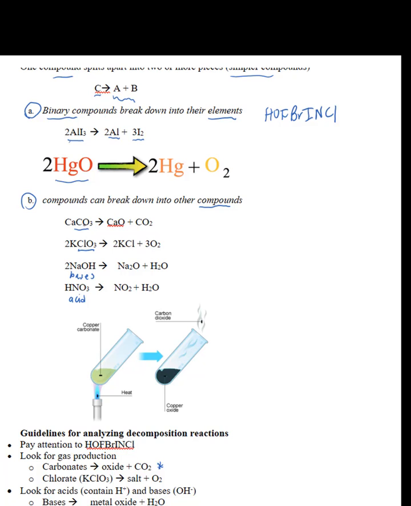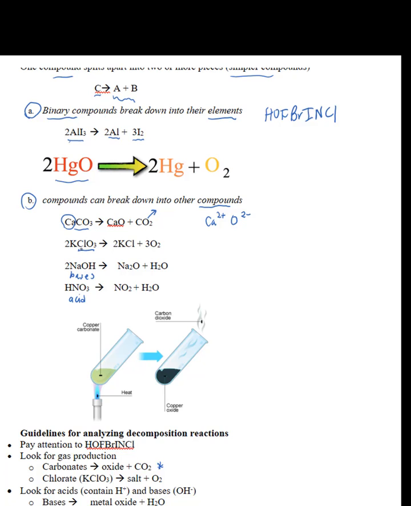So the way that I think about this is, okay, it's got a carbonate, so I know that it's going to emit CO2, and then I'm going to make an oxide with what's left over. So my calcium is going to form a compound with oxygen. And we'll practice this later, but what we're always going to do is consider the formula by properly writing down the ions and crossing over.